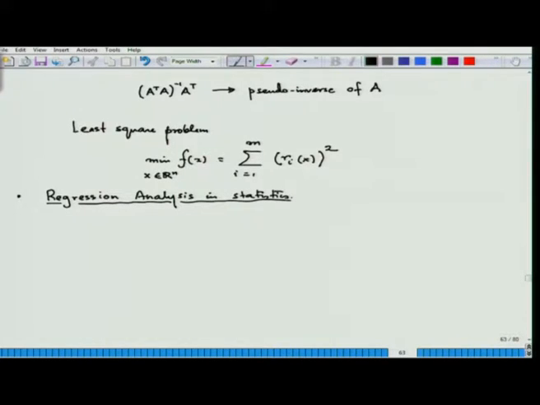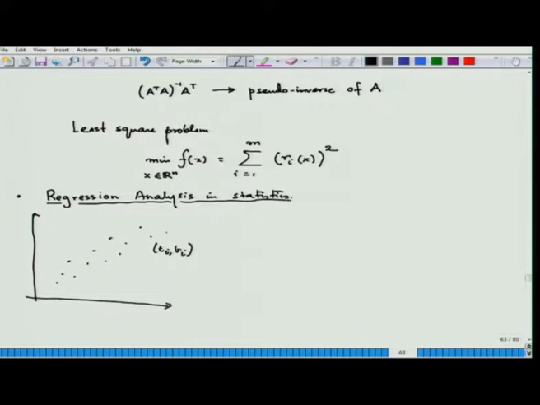So, what happens, one of the problems is that you are given certain points, say of the form Ti, Bi, time and positions of a person.